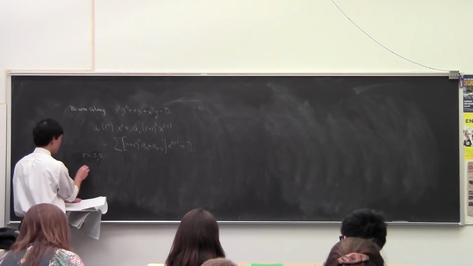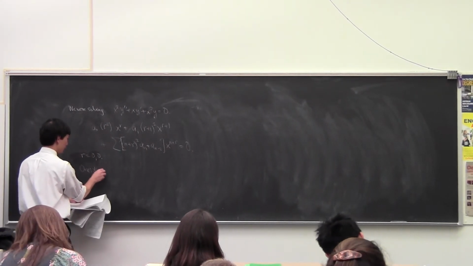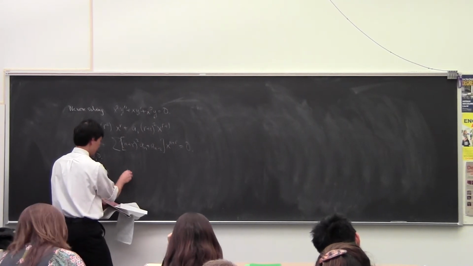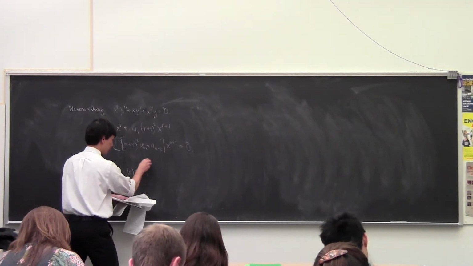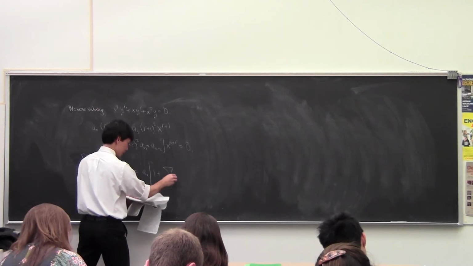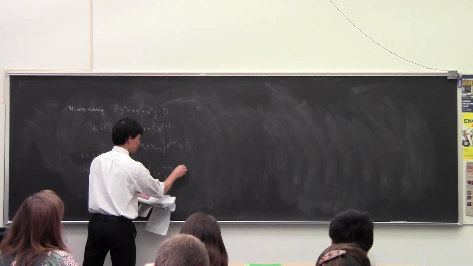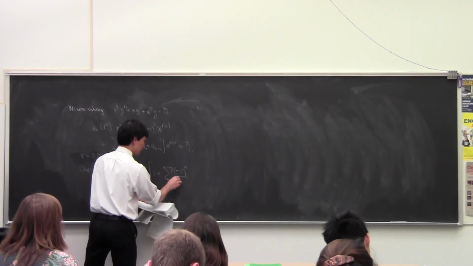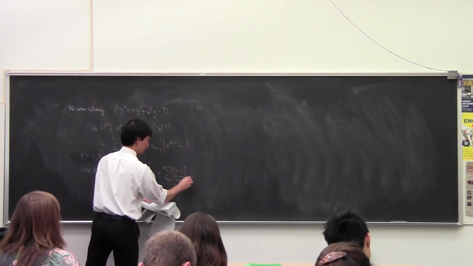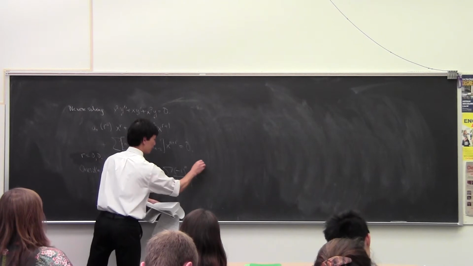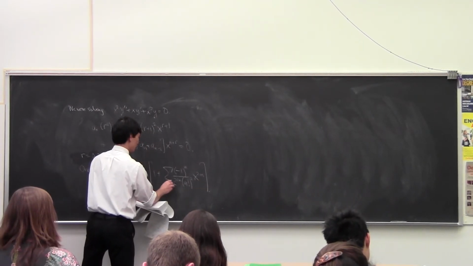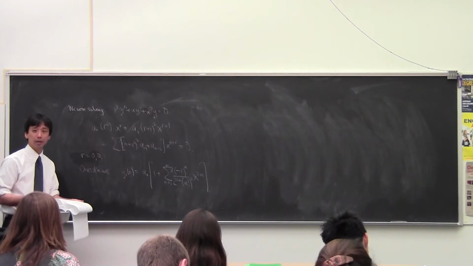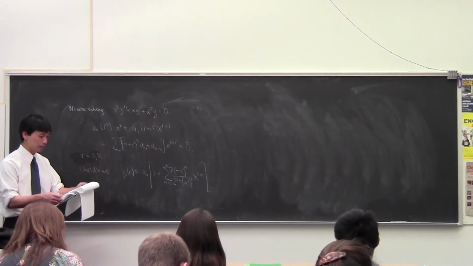We got one solution, y1(x) is a naught times 1 plus summation of (-1) to the m over 2 to the 2m m factorial squared x to the 2m, from m equals 1. And that's where we finished up. And we were just about to find the second solution.